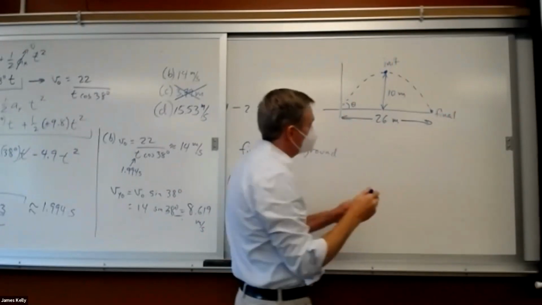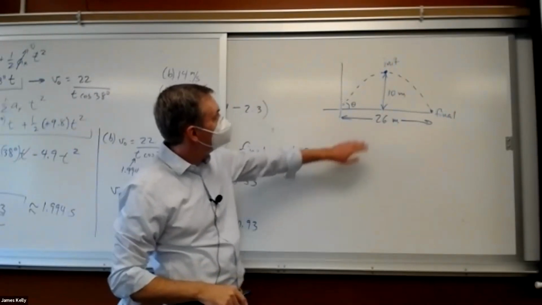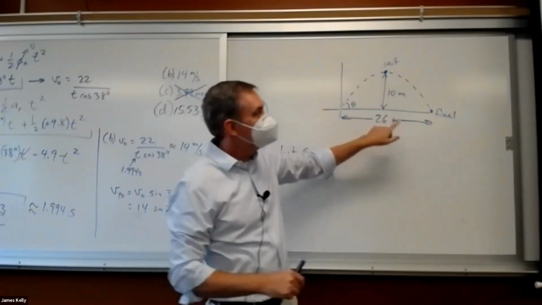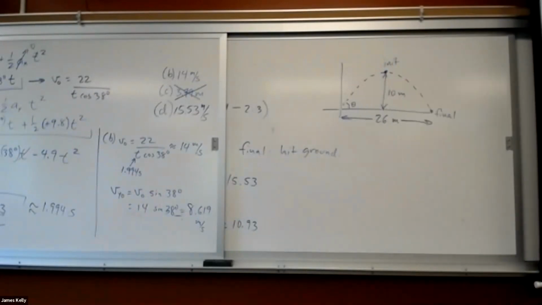That actually helps you a lot, because if I write down y as a function of t, the nice thing is that, because I've chosen that to be my initial point, vy0 is 0. It's going totally horizontally at that point. That means this linear term goes away, and the only t that exists in there is this t squared. So I don't have to use the quadratic formula in solving for t.